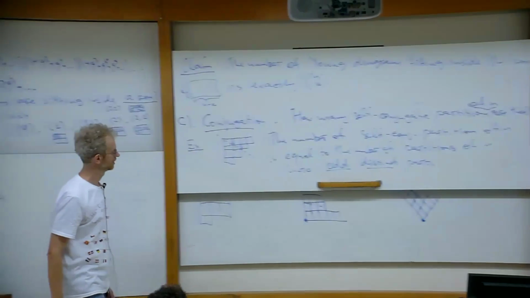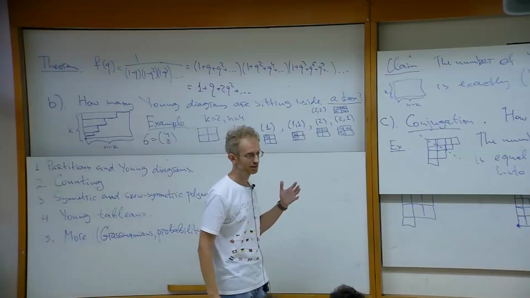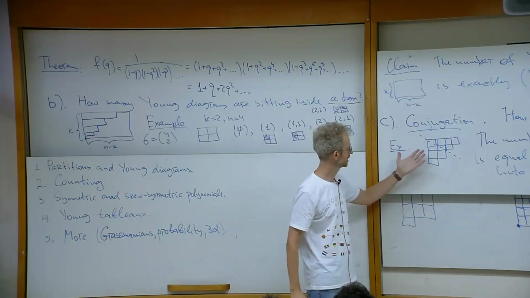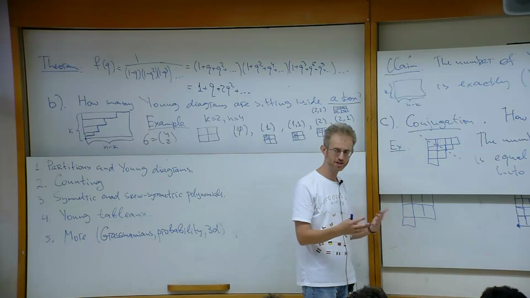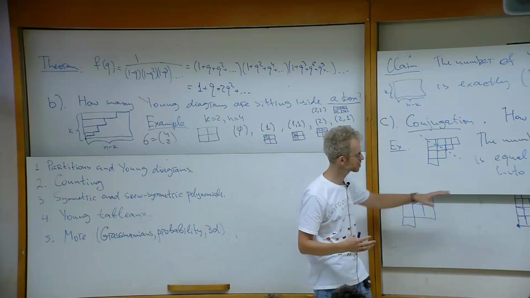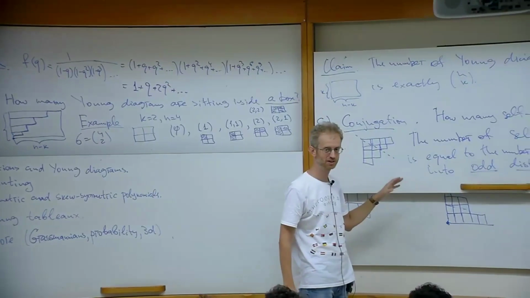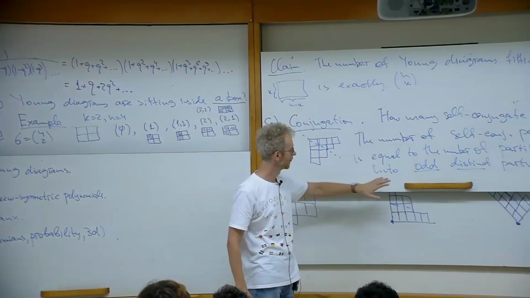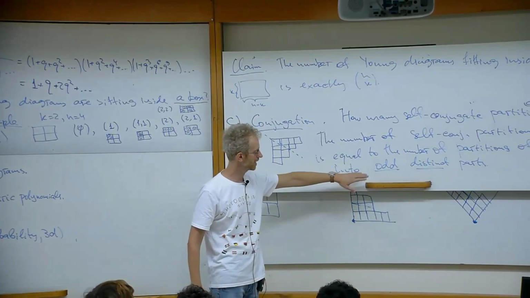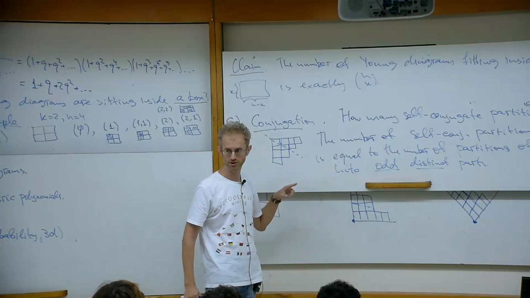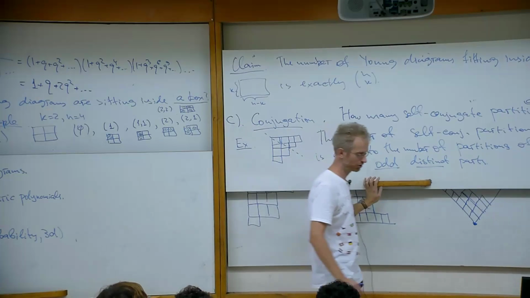So the claim is that if you want to somehow look at those partitions which are self-conjugate, you can rephrase your problem in a way which from the first glance looks a bit more complicated, but at second glance is very, very simple. So you are looking at those partitions which have only odd parts, and they're all distinct. So let me just show you immediately why.